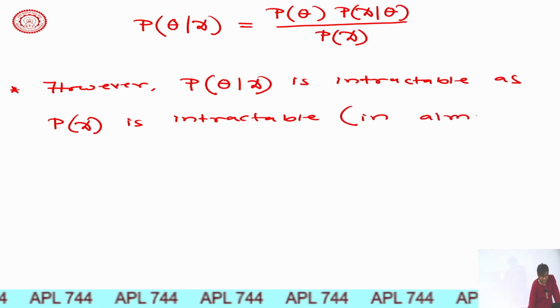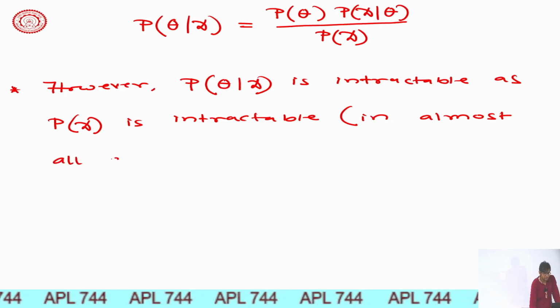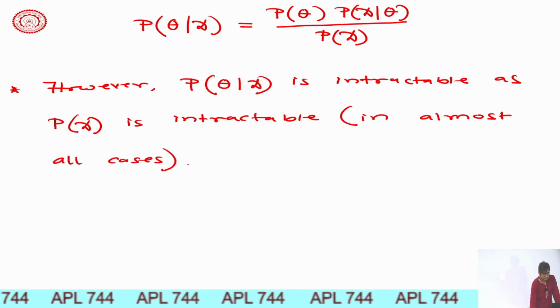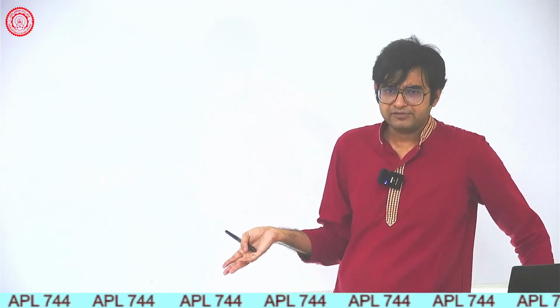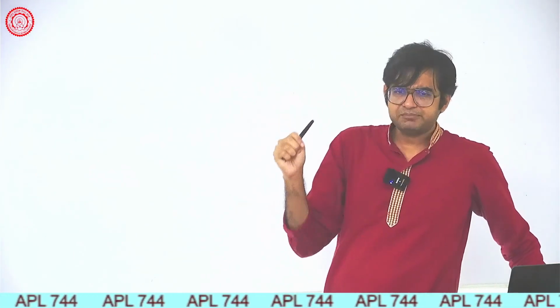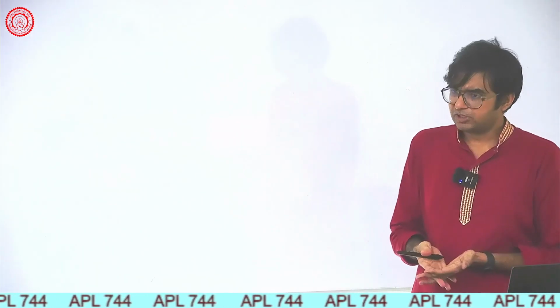The only exception is the conjugate prior. With a conjugate prior, you can compute probability of D by looking at the unnormalized one. That will take the form of a Gaussian, so probability of D should be the normalizing constant of the Gaussian. But otherwise, this is generally intractable, right? And that becomes the bottleneck.